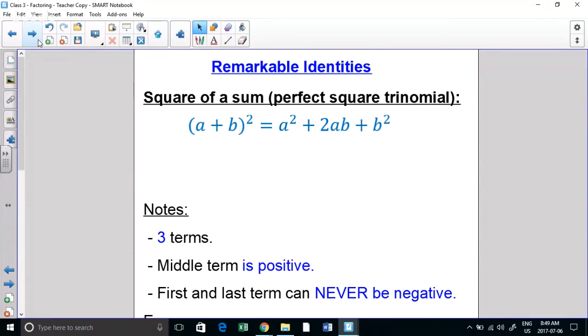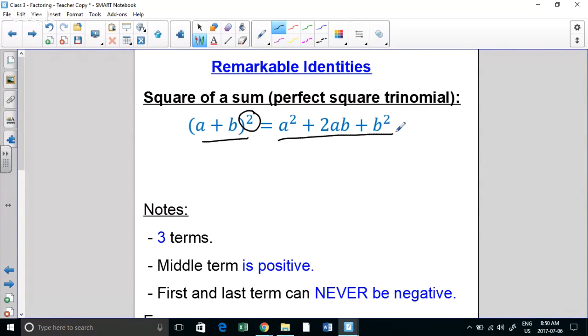The square of a sum, we have this perfect identity here. Whenever we have a sum, so a binomial that has a sum, the power of 2, we can just use this relationship to expand this. We also know that it works backwards. So if we see this relationship, we can move backwards.